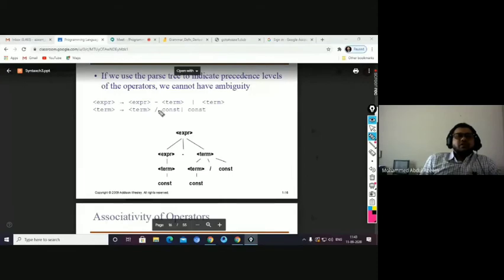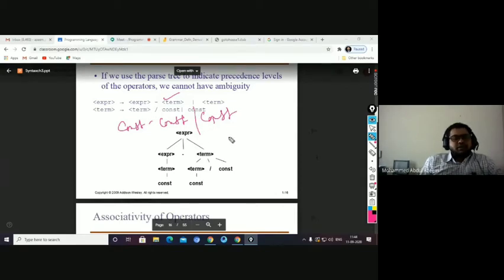If I take this particular grammar for the same constant minus constant by constant, your parse tree will be derived as expression minus term, because that is the definition here. Then this expression can be derived to be term and then constant, because term is defined as constant, and then this term will be defined as term by constant, and then constant by constant.